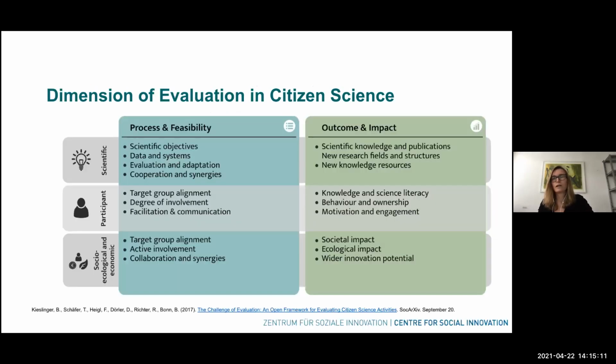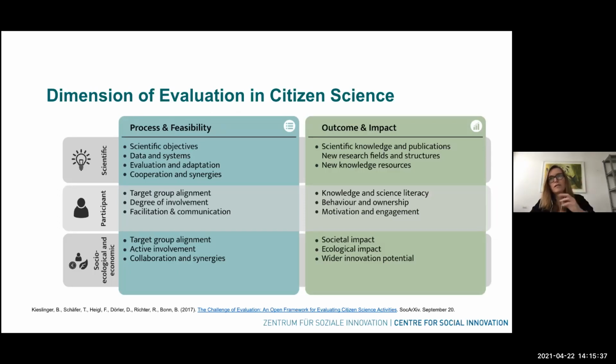Now, if we talk a little more about evaluation and the framework that we developed, we usually look at citizen science projects on the process and feasibility level on the one hand, and on the outcome and impact level on the other.